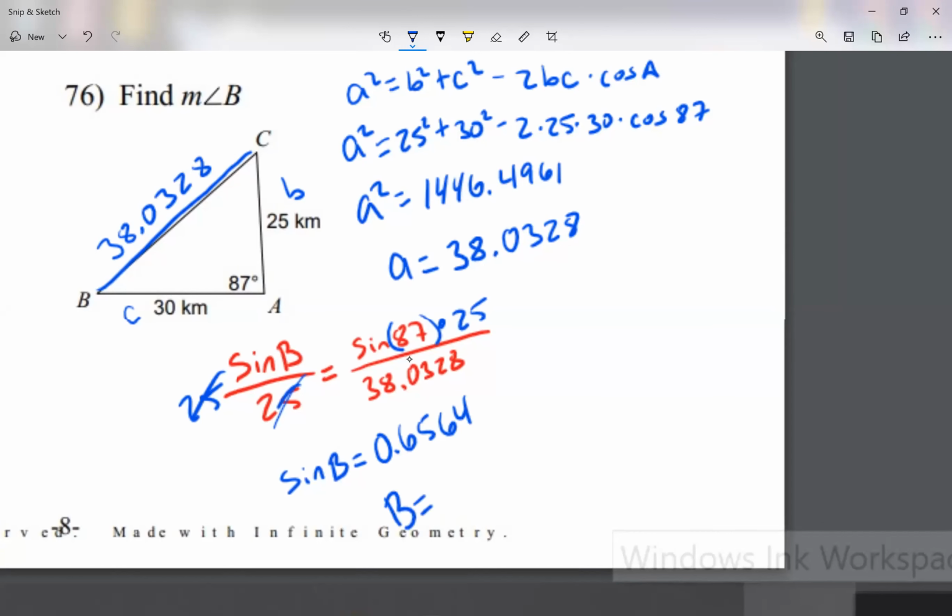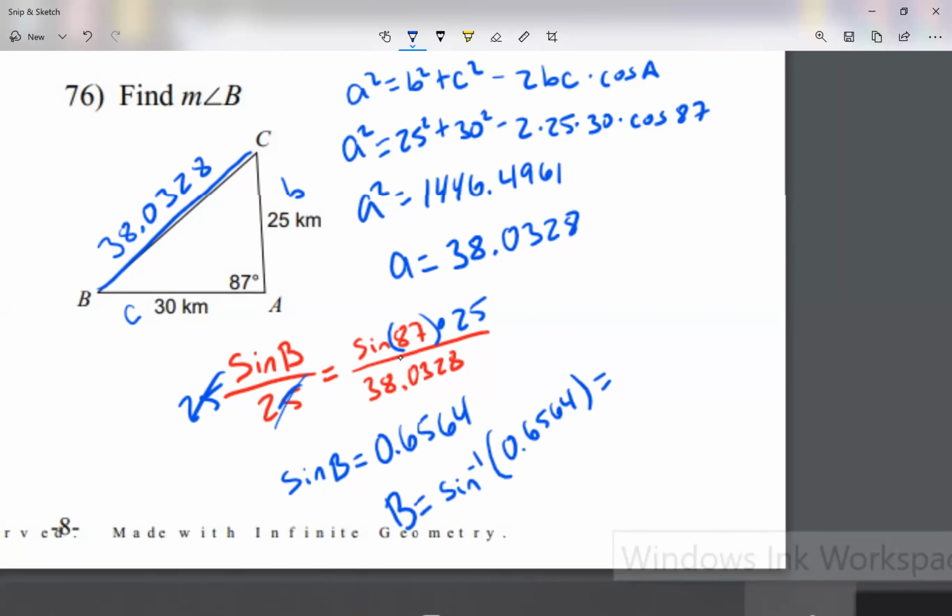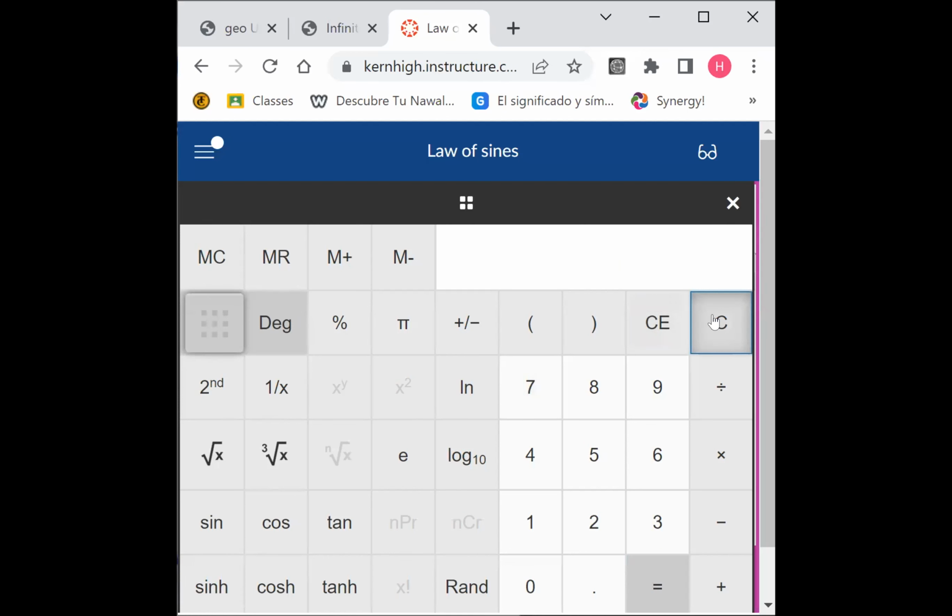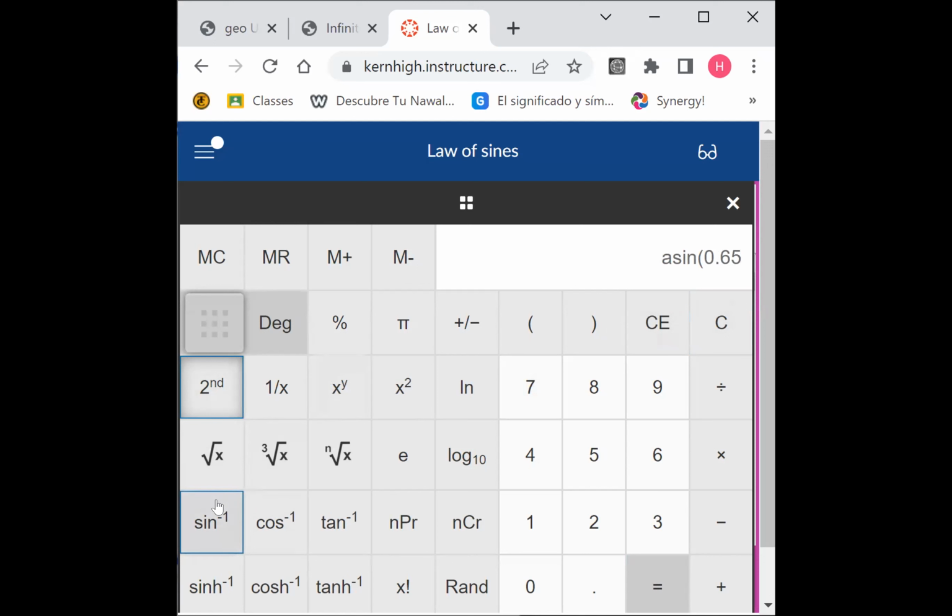I'm going to say angle B is going to be sine inverse of 0.6564. Okay, let me grab my calculator again. Let me clear this out. So second sine inverse of 0.6564.